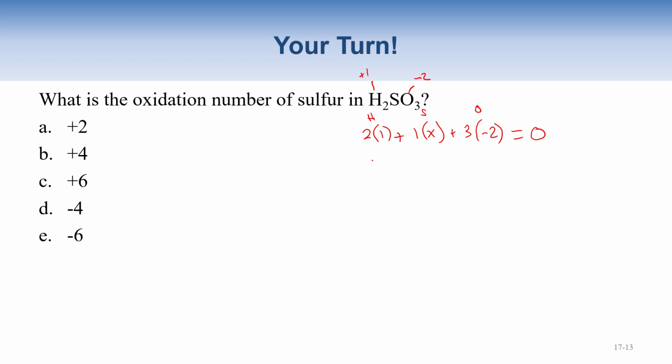So now we have 2 plus, let me clean this up a little bit, 2 plus X minus 6 equals 0. We have X minus 4 equals 0. X is equal to +4. So the oxidation number on sulfur is +4.